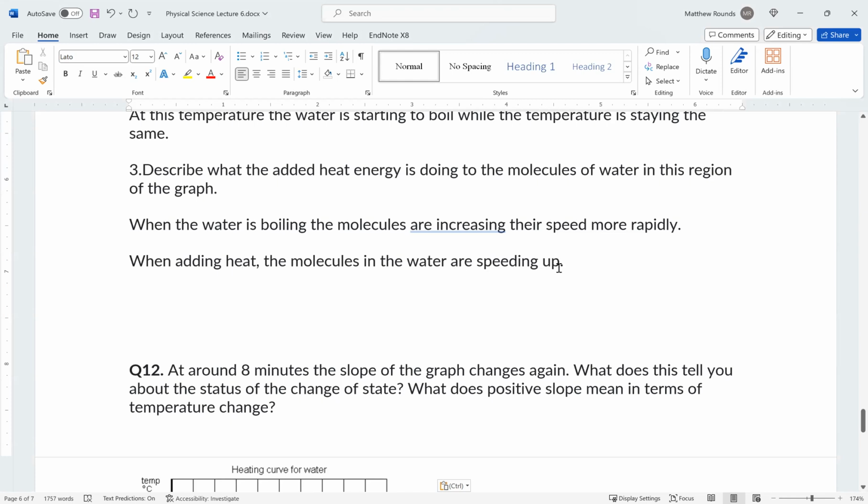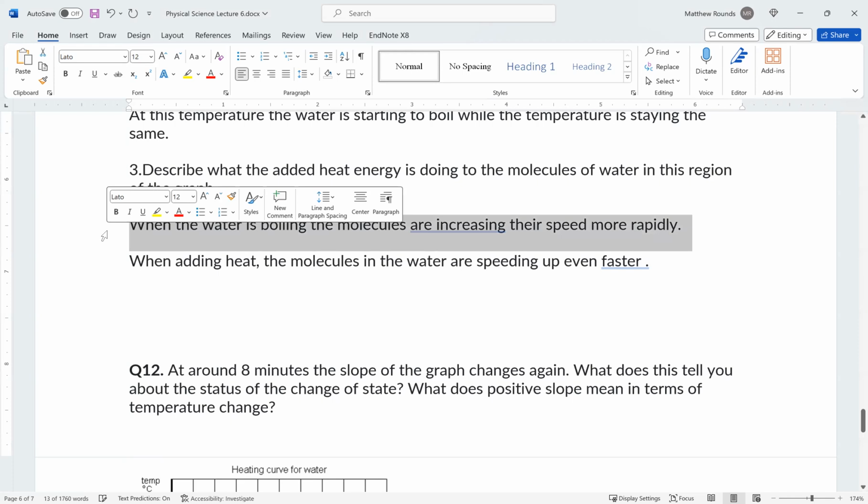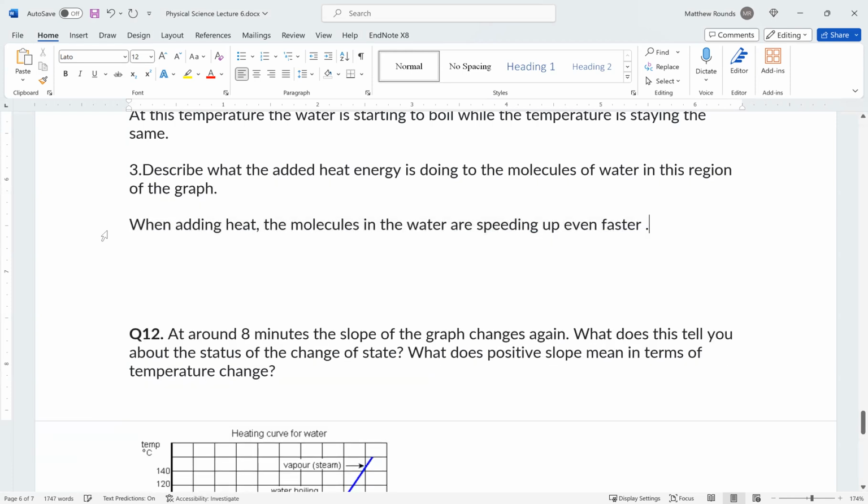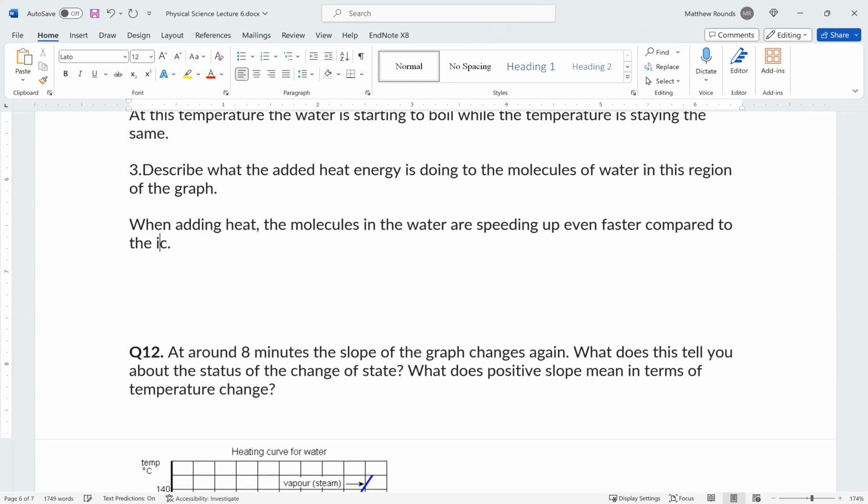You just have to mention heat energy speeding up the molecules even faster. My point is, you can use the same answers as before. You just might want to say it's even faster compared to the ice melting. That's it.